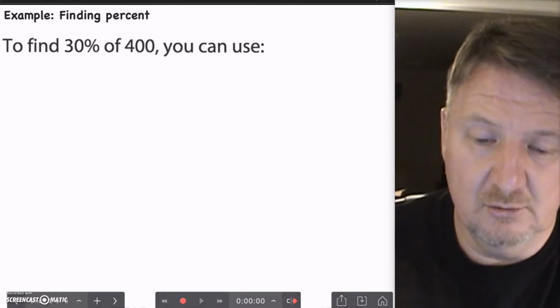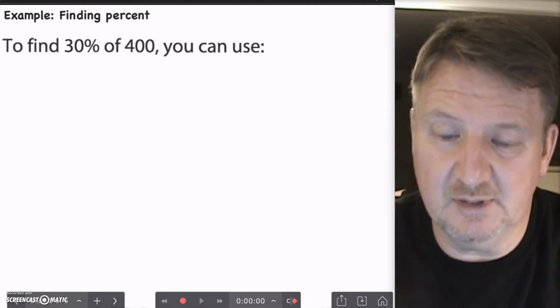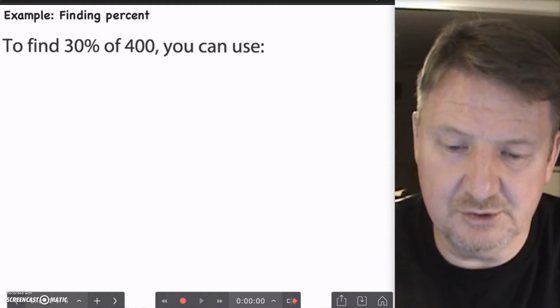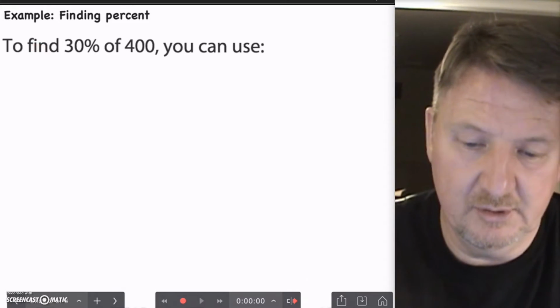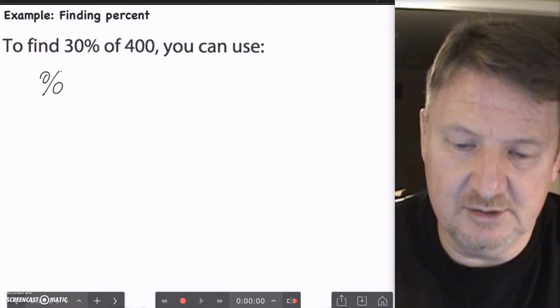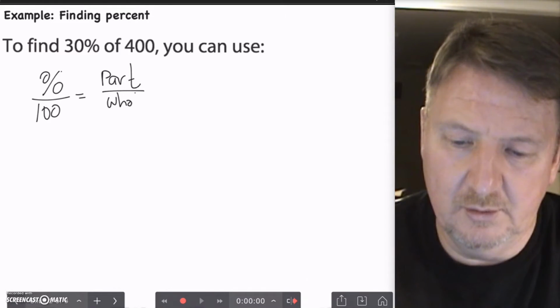If we go back to what I just said as far as that ratio is concerned, I would have the percent over 100, and that's going to equal the part over the whole.